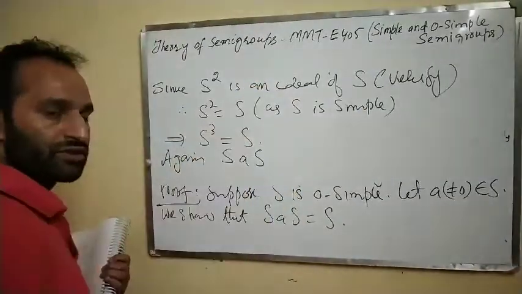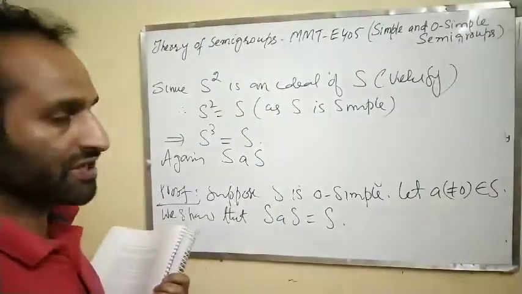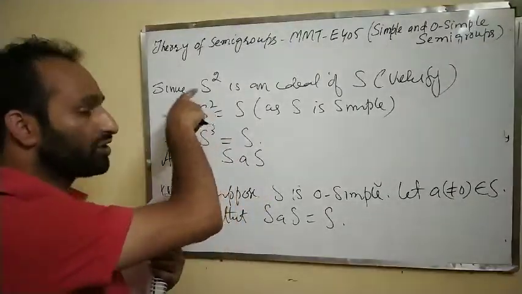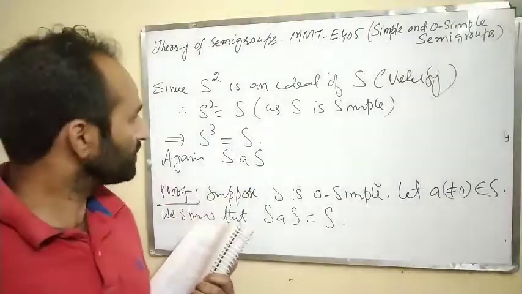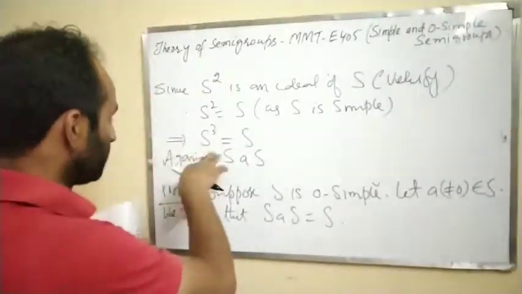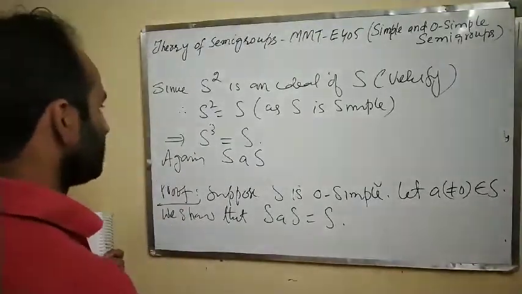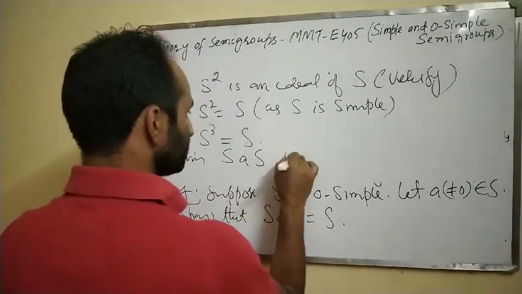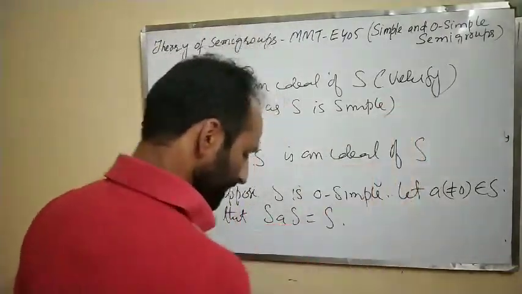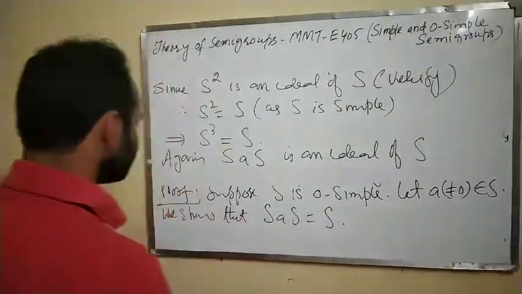Therefore S square must be equal to S only, because there are only two ideals, one is 0 and the second is S, and this S square is not equal to 0 by definition of a 0 simple semigroup. So S square is equal to S, and S cube is equal to S. Again, SAS is an ideal of S.